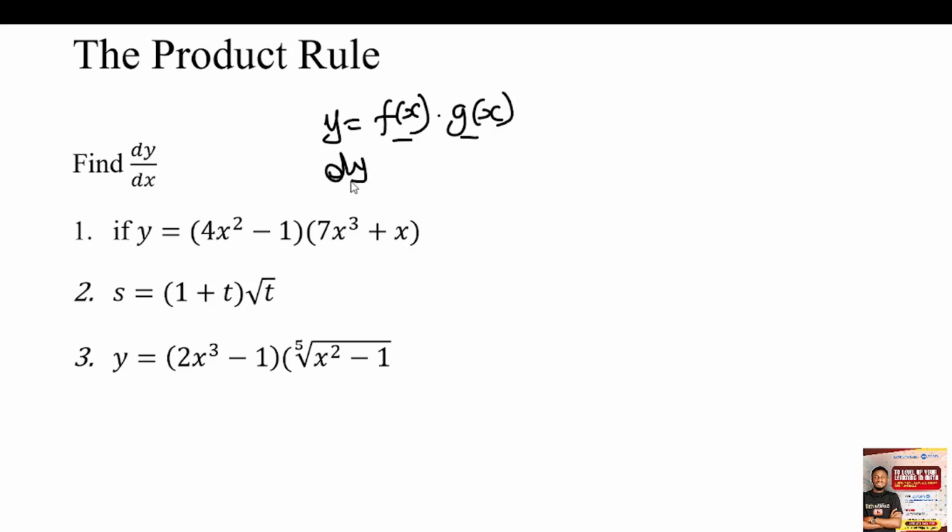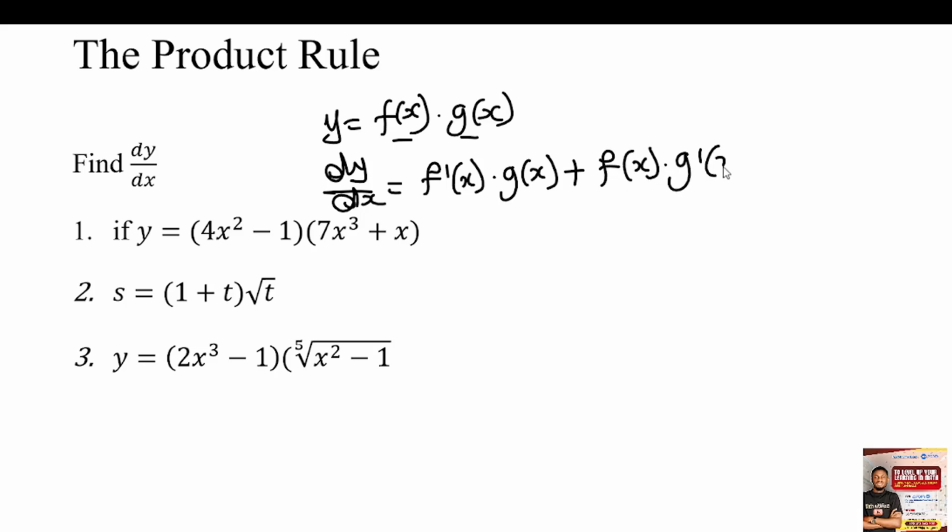Now the derivative of this function dy on dx is equal to f prime of x dot g of x plus f of x dot g prime of x. What does this mean?